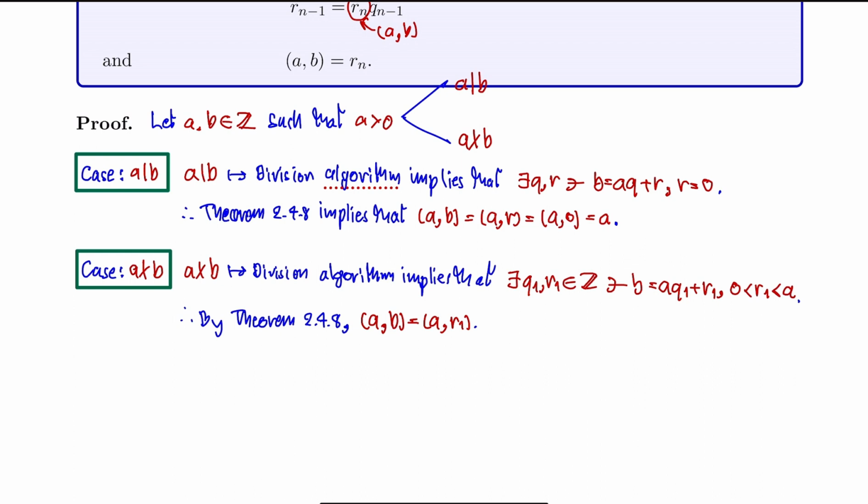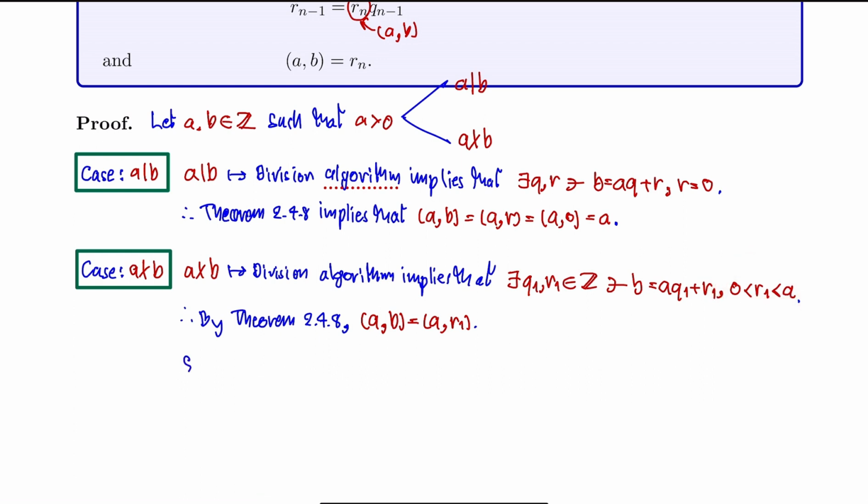How do we have another divisor and another remainder? We have R1 less than A. So the next thing I'm going to do is divide A by R1. Okay? But let's talk about this inequality first.